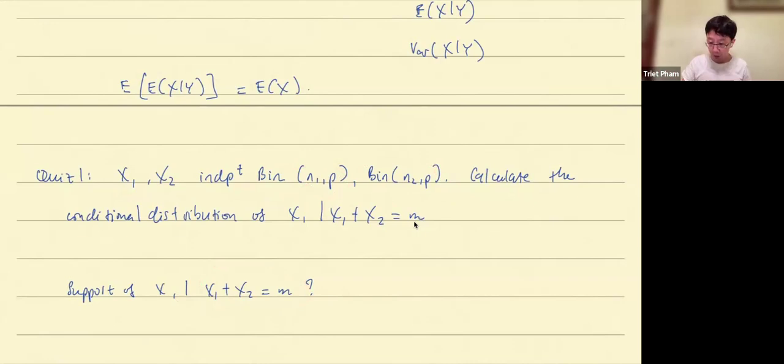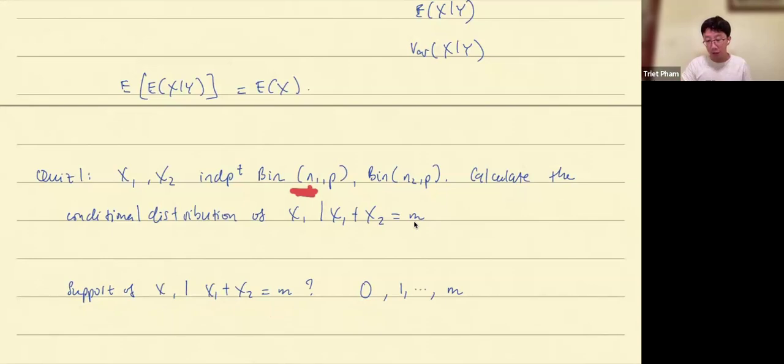So in other words, the support of x1, conditioned on the fact that x1 plus x2 equals m, is that the smallest value is 0, but the largest value is what? m, if m is less than n1.